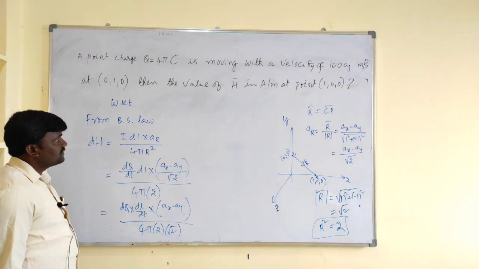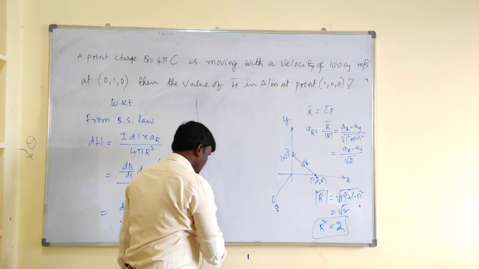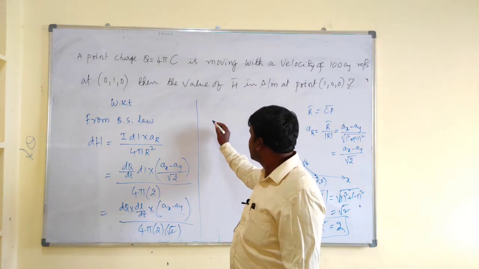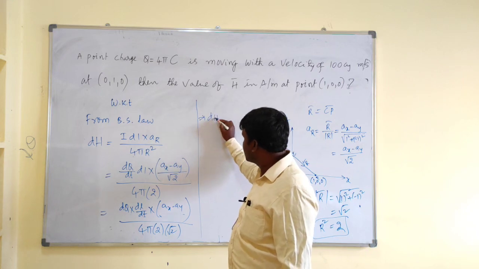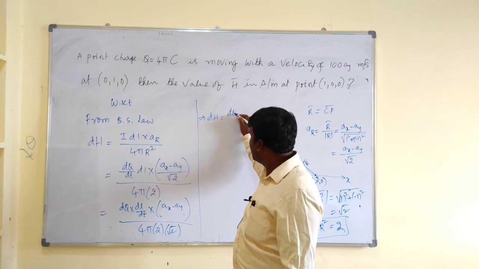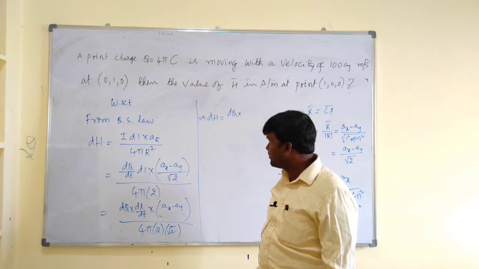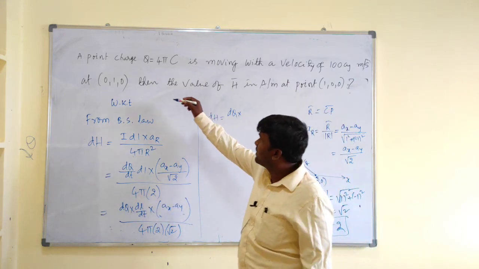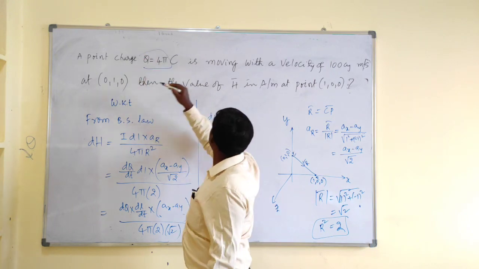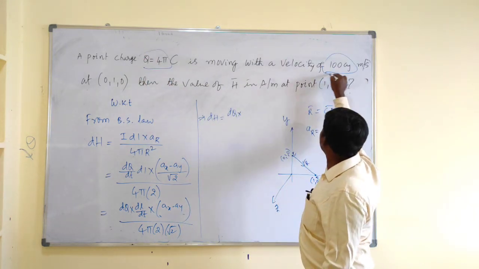Now let us simplify this. We have dH equal to dQ dl by dt, and displacement per unit time is nothing but the velocity. This Q is moving with a velocity of 100 a_y meters per second.